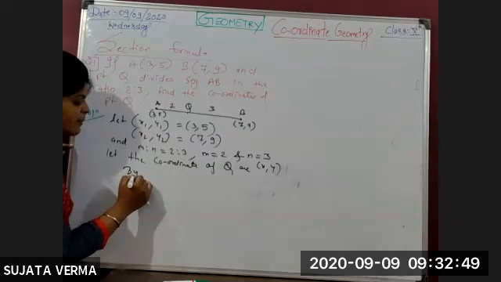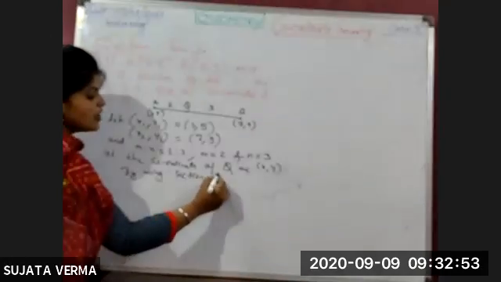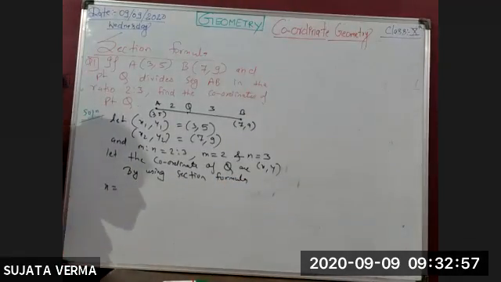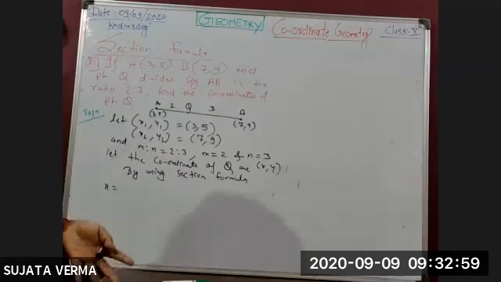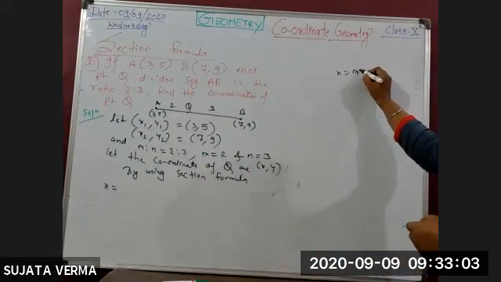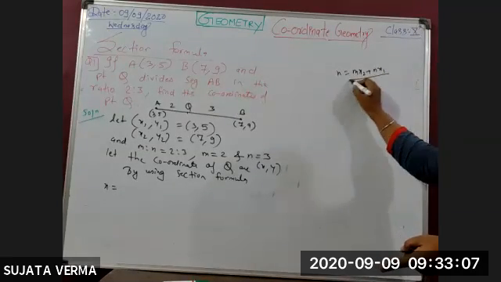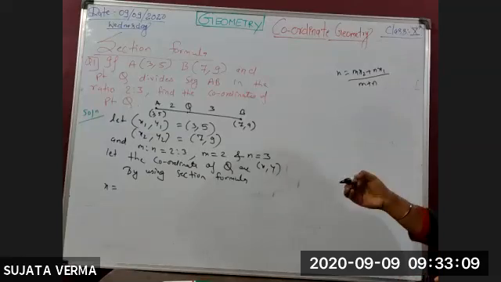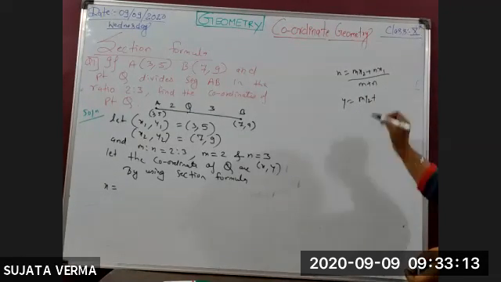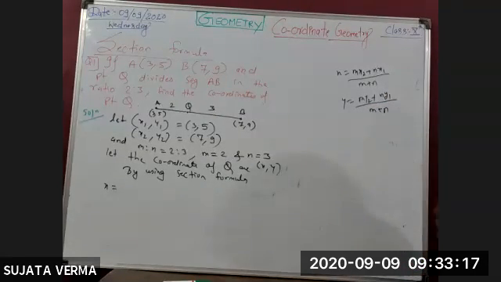So by using the section formula, we revise the formula: x is equal to m into x2 plus n into x1 upon m plus n. Y is equal to m into y2 plus n into y1 upon m plus n.